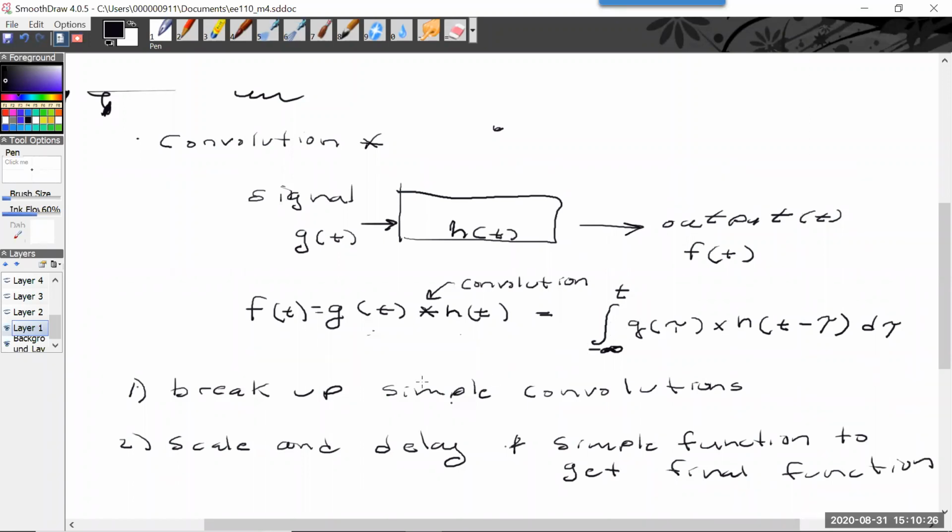I think we're going to circle back to this later, and it'll be better now to do these simple functions, so that when we do more complicated linear sums of these, then you'll see what we mean.